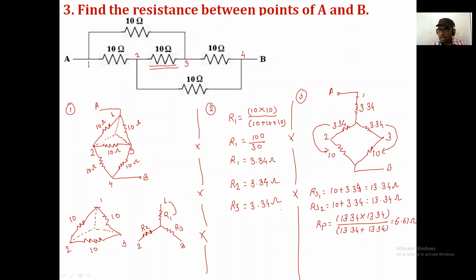6.67 ohm. Now how is this RP connected to the remaining 3.34? This is absolutely correct.